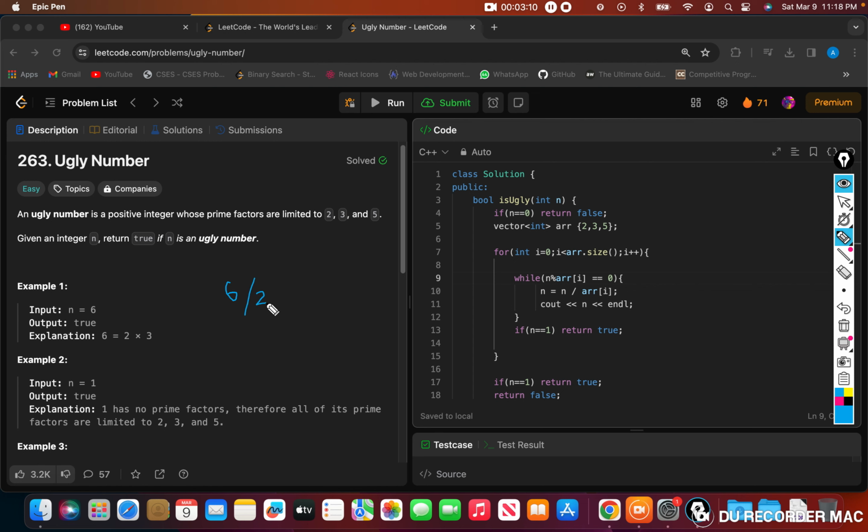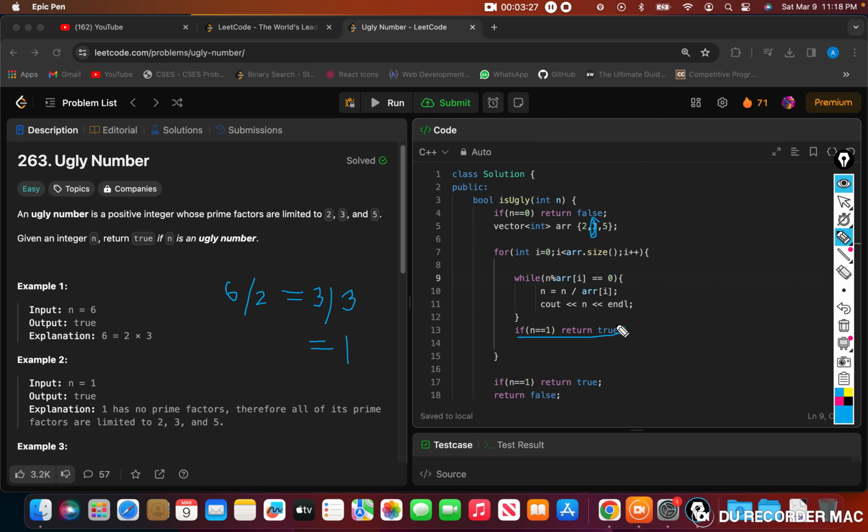Dividing 6 by 2, we get 3 as the answer. Then our pointer goes to 3. Then we divide 3 by 3, and we get 1.